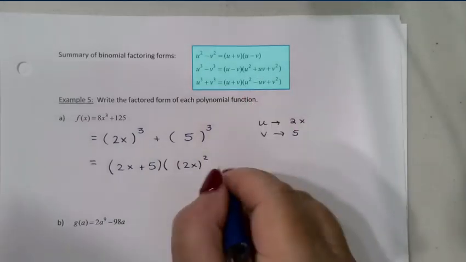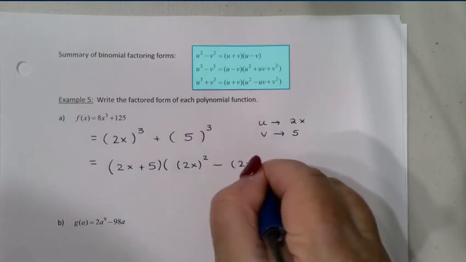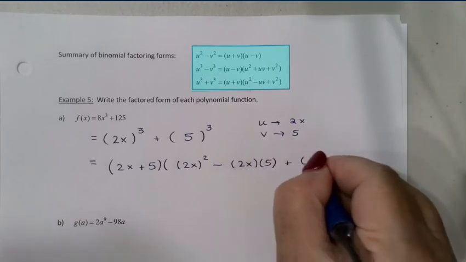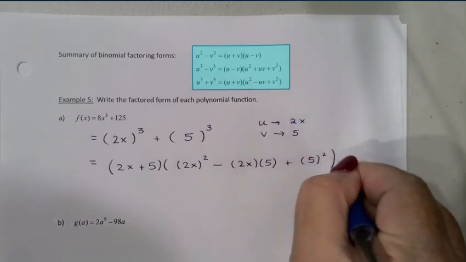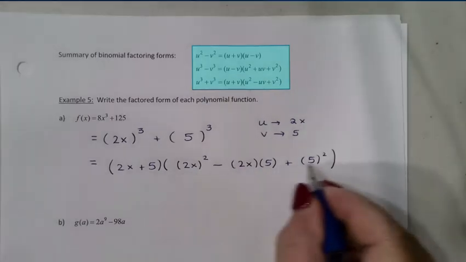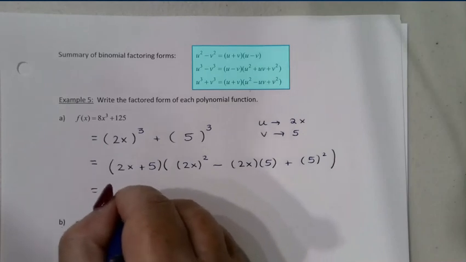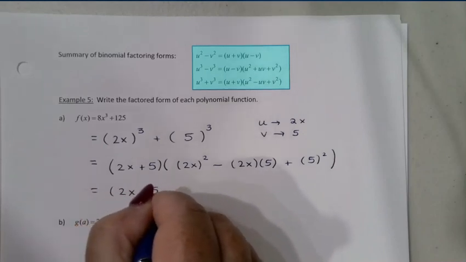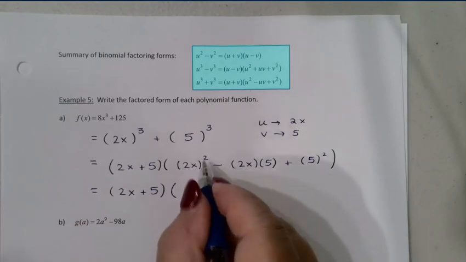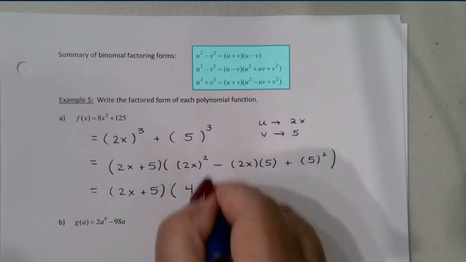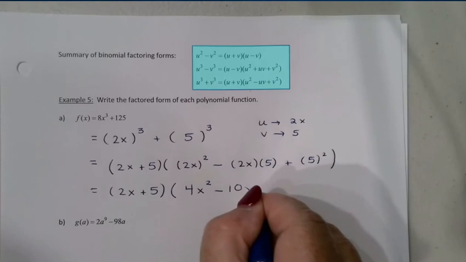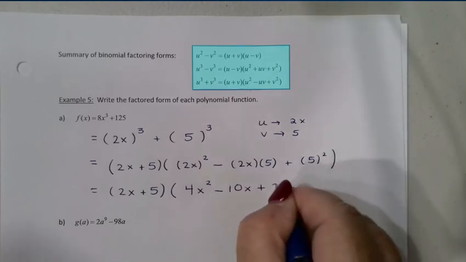Minus u times v, so minus 2x times 5, plus v squared, plus 5 squared. I'm going to simplify a little bit inside that second set of parentheses. So I have 2x plus 5, 2x squared, 2 squared would be 4, and then I have the x squared, minus 10x, plus 25.